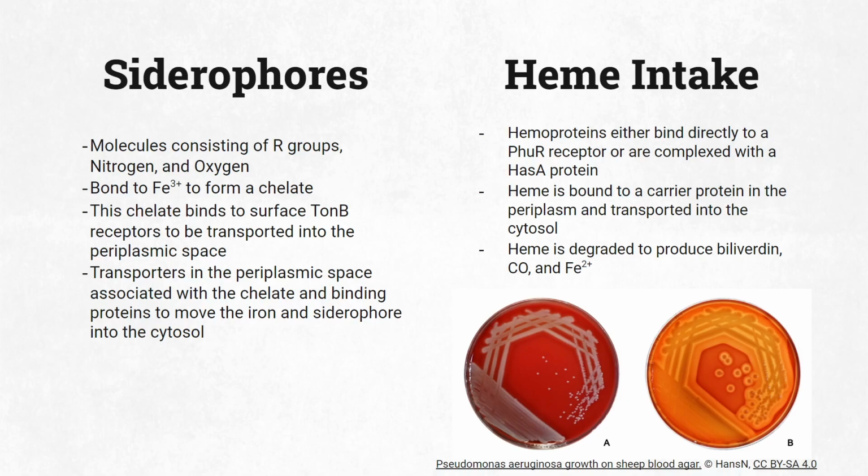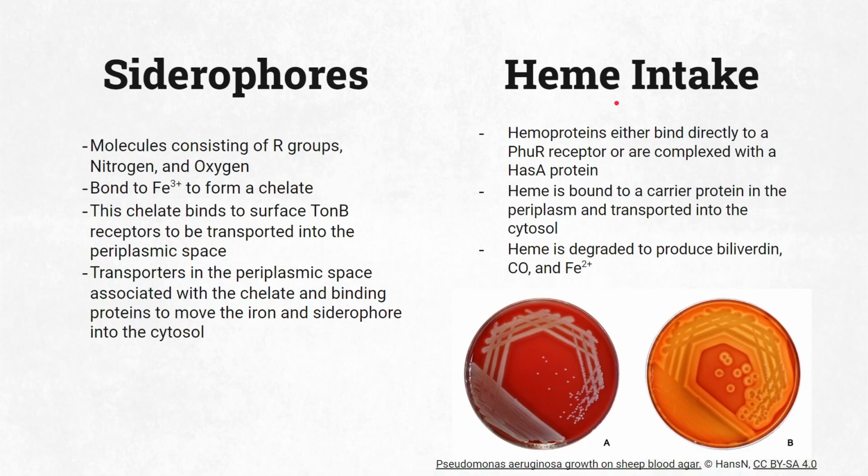Once the siderophore is within the periplasmic space, it will be bound to a chaperone protein, like we said earlier, and then brought to that permease channel to pass through the ABC channel into the cytosol. Once the complex is in the cytosol, the iron will be released from the siderophore to be utilized, and the siderophore has the opportunity to go bind to more iron and keep the process going.